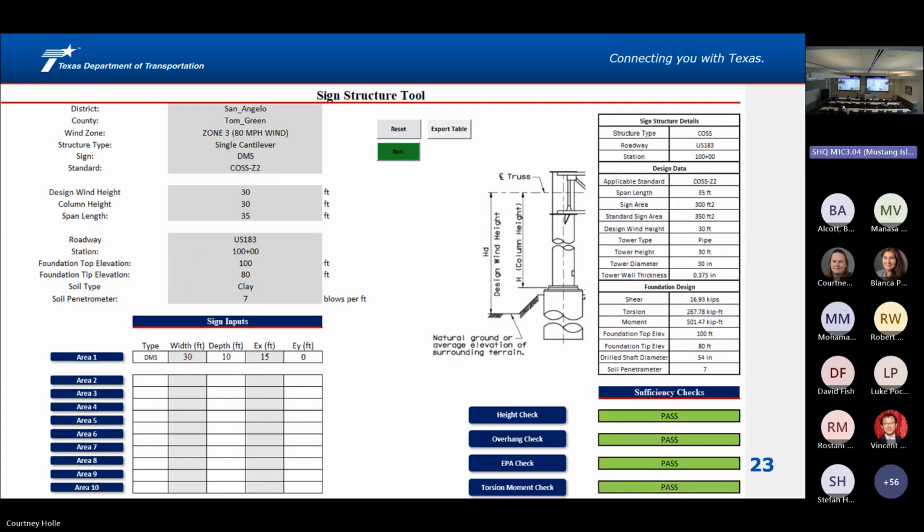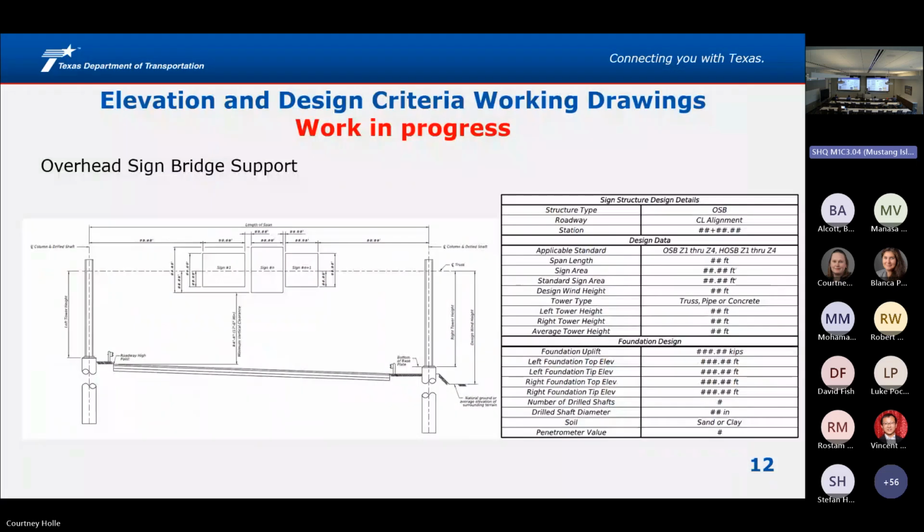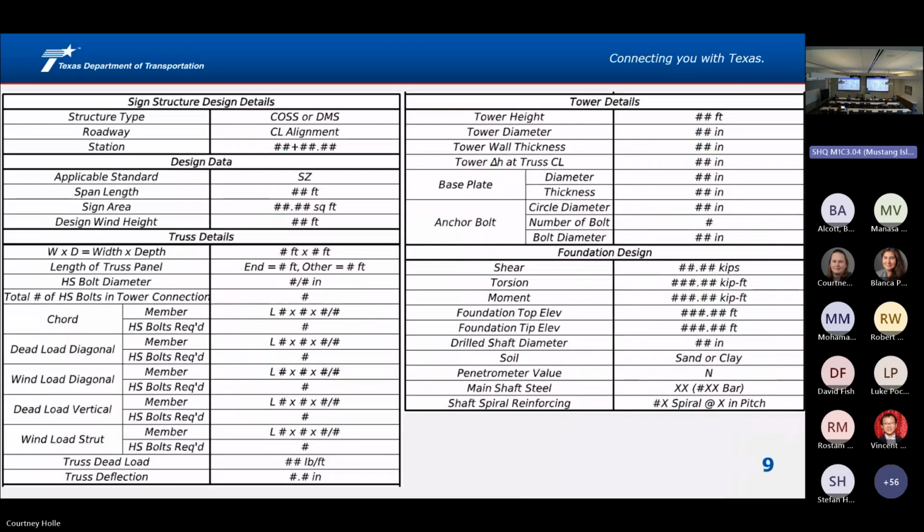Just a penetrometer value, because if it is written as soil penetrometer value, I think it gives room for ambiguity. Yeah, that is on, I think slide number 9, where you present the design information.